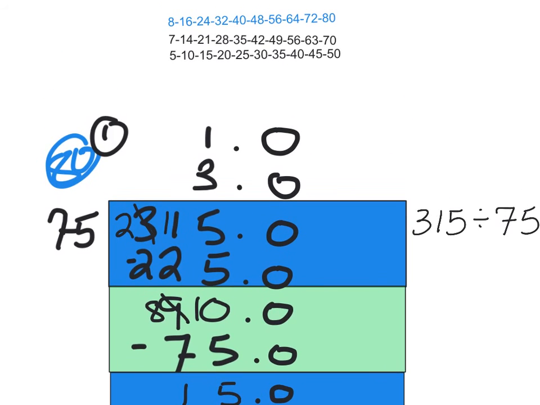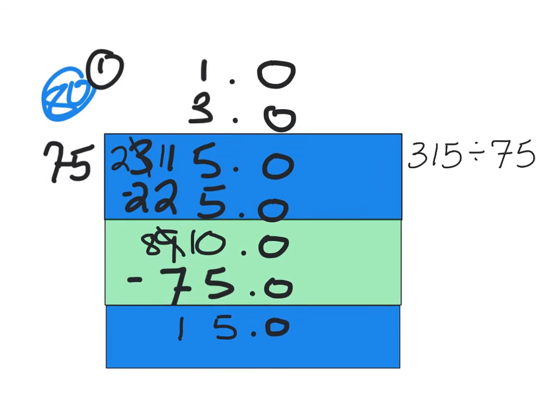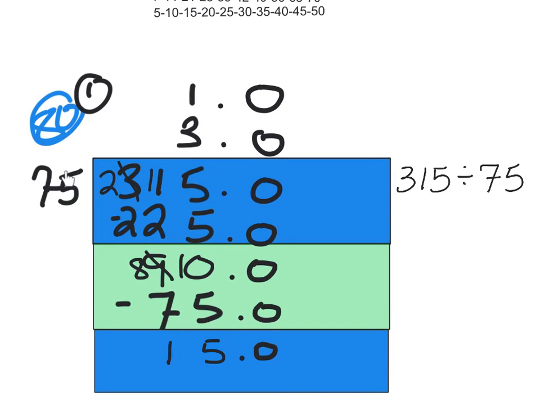However, since I'm using my estimation, I am going to go by my estimation, and I would get 80 and then 160, which as you see would be just a teeny too much. So I'm going to use that. If you knew, like I did, that 75 and 75 is 150, you could just put 2 there. But let's do it the way I just explained it.